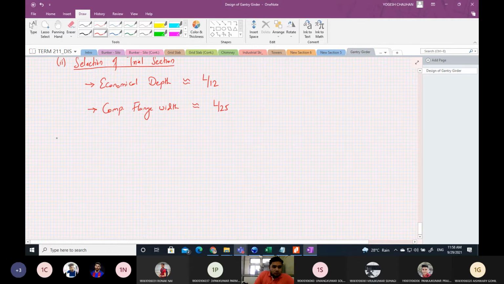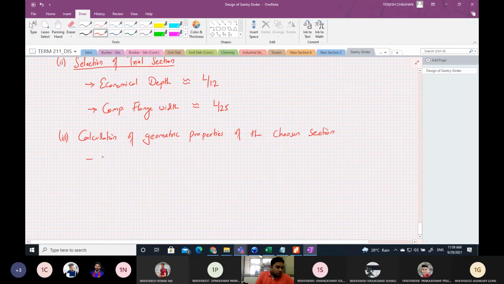Then the next step is calculation of geometric properties of the chosen section.